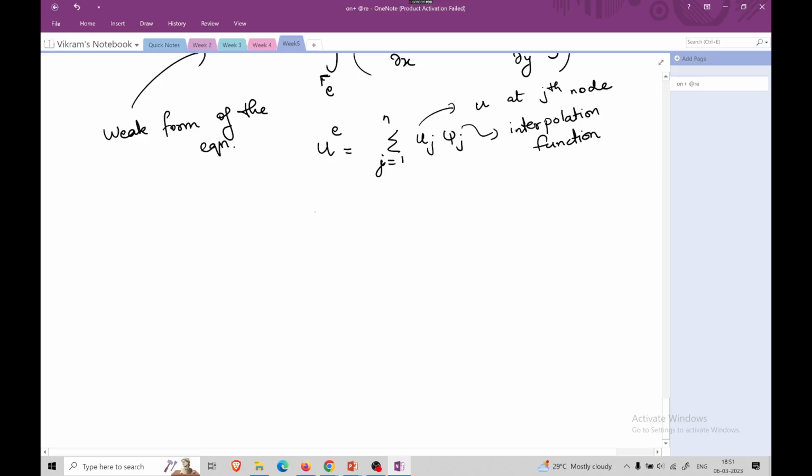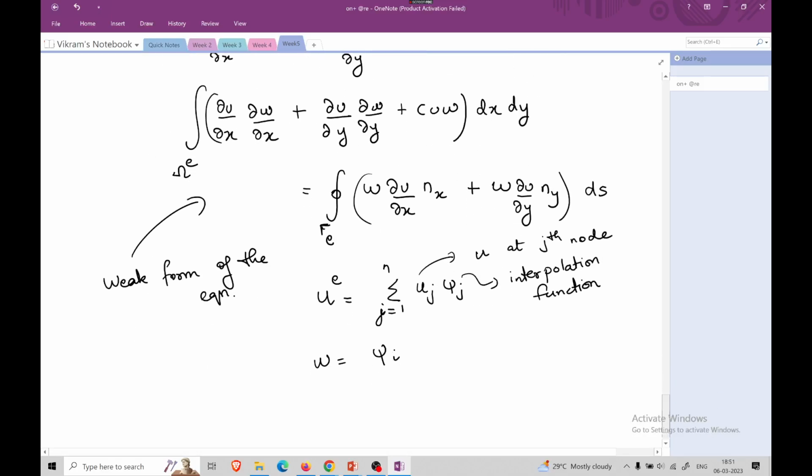And my w is going to be psi i. We have already seen this in many cases; in one dimension also we saw that our weighting function is nothing but the variation of the primary variable.